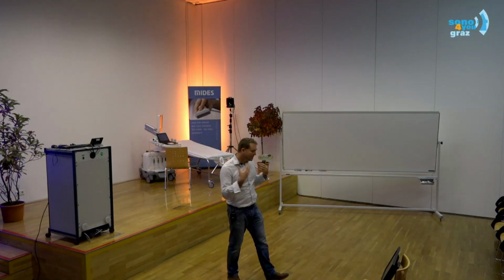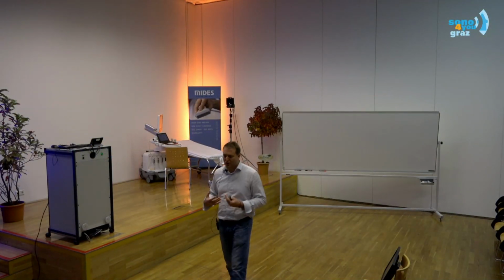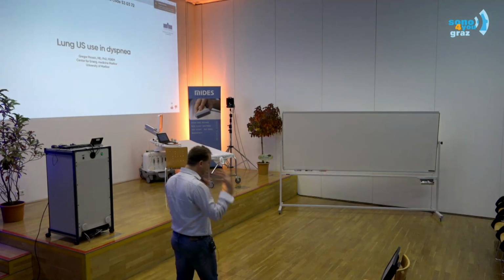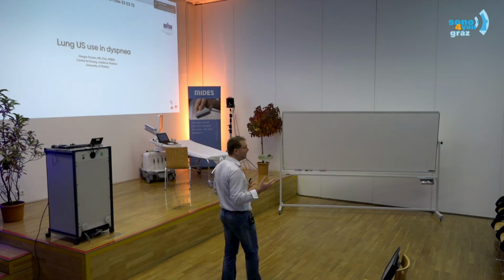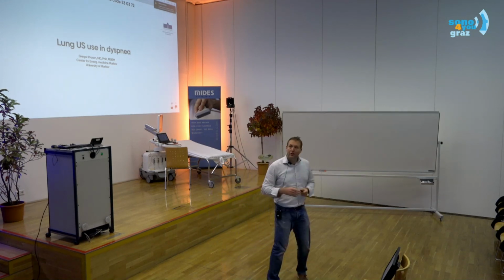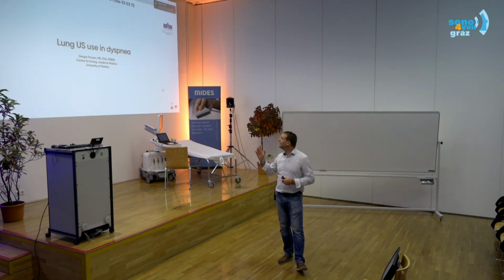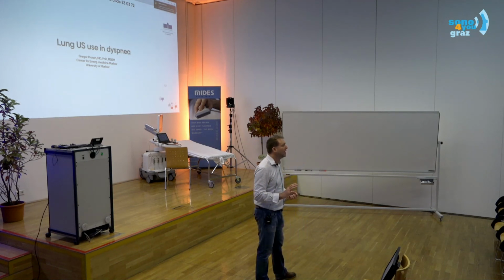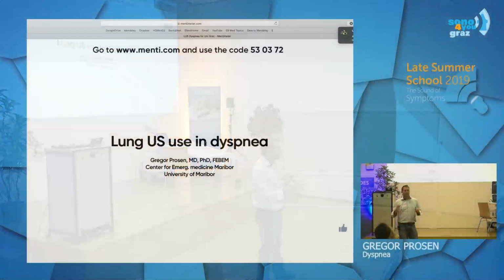So, from the perspective of an emergency physician, I work in the emergency department and pre-hospital, half-half, roughly. I will present how we use this absolutely revolutionary new tool. I mean, it's not new anymore, but let's say it's new.